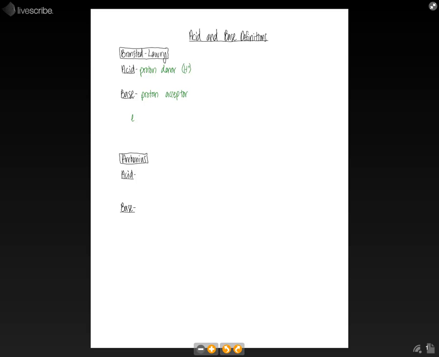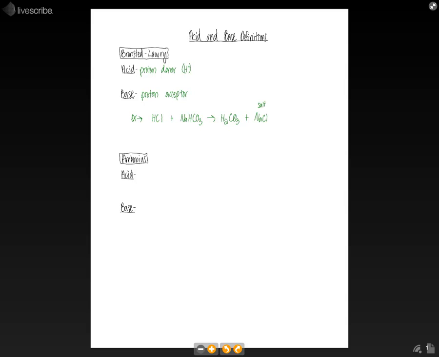And so if we look at an example, we can take hydrochloric acid and sodium bicarbonate. And so this is going to give us carbonic acid and a salt, NaCl.